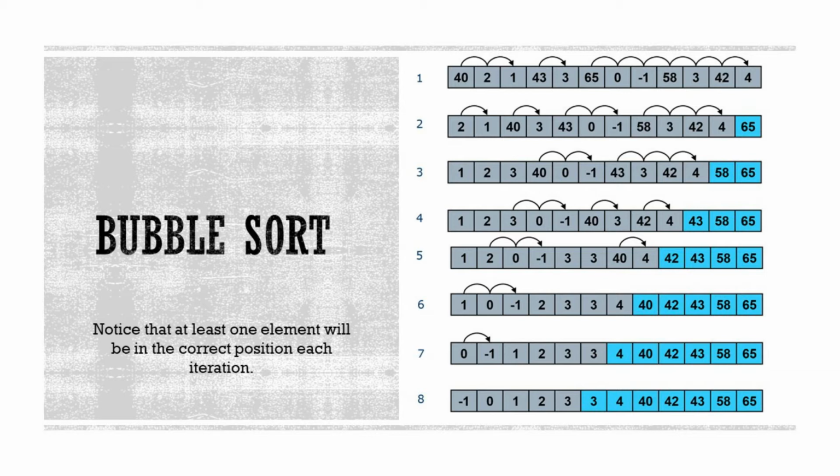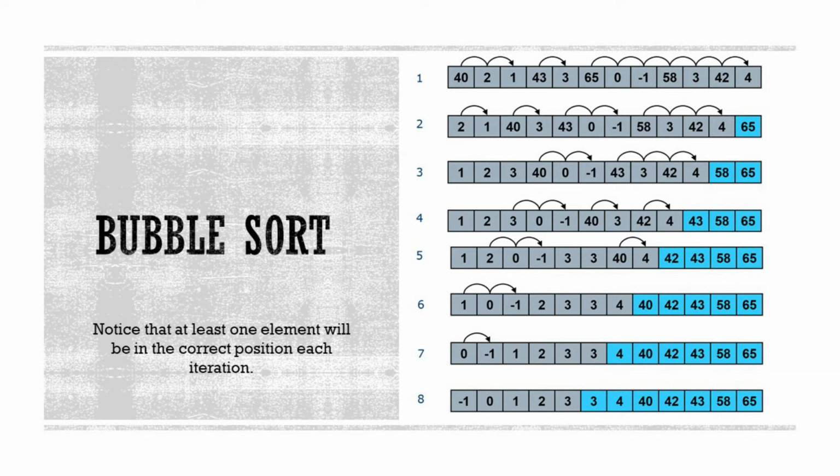And 58 will swap to the fourth place, because 58 is the biggest compared to the three numbers, and it will continue until all of these are in the correct positions.